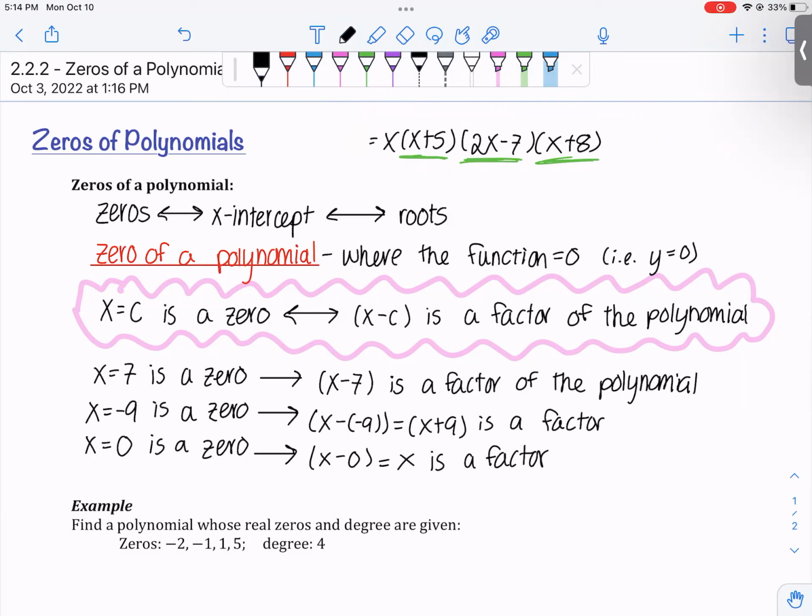It'd be like there is an x out front. That would make x into a factor. Notice on this that whatever the zero is, when you see it in its factor, it's the opposite sign. So if 7 is a zero, x minus 7 is a factor. If negative 9 is a zero, x plus 9 is a factor.